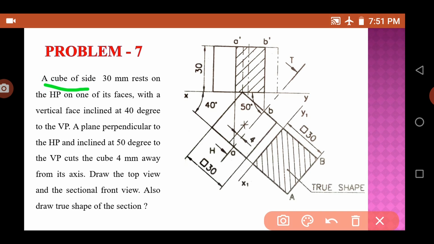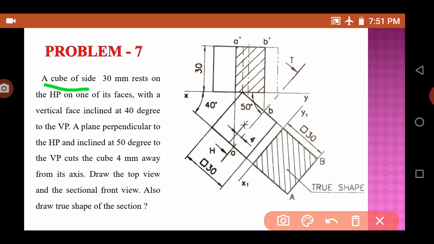It has perfect sides: 30 mm length, 30 mm height and 30 mm breadth also. Now it rests on the HP on one of its faces, with the vertical face inclined at 40 degree to the VP.